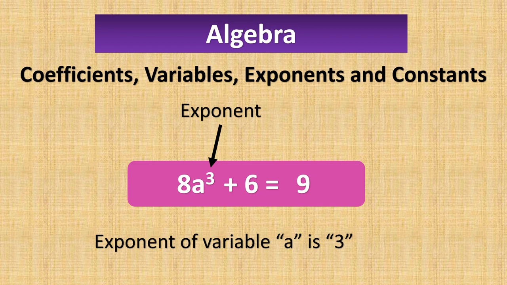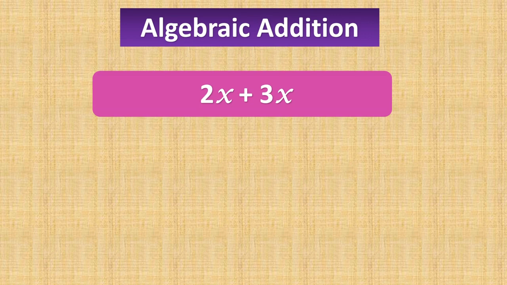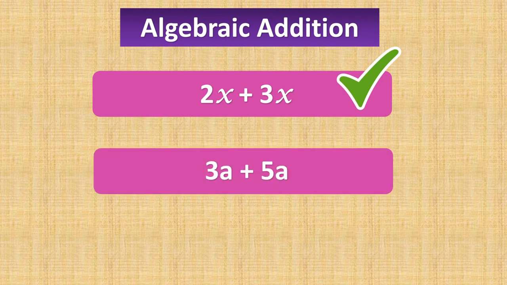Now let's talk about basic algebraic addition. In this example, there are two terms, 2x plus 3x. Can both of these terms be added? Yes. Why? Because both terms have a single variable, and that variable is x. What about this example? 3a plus 5a.